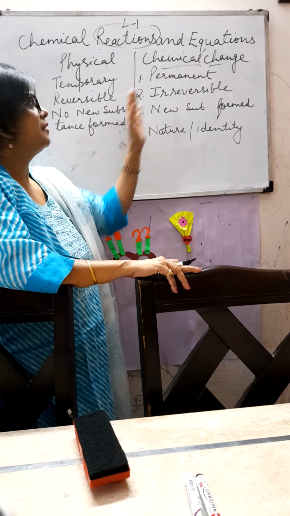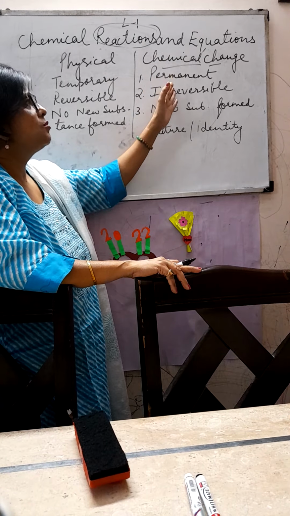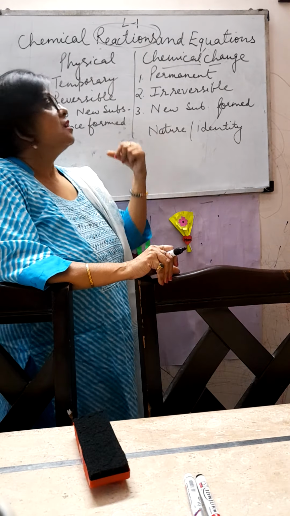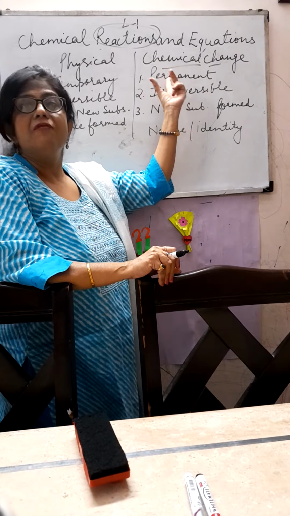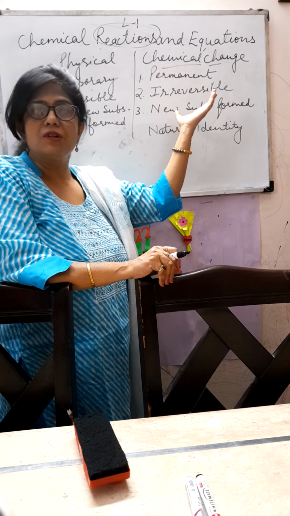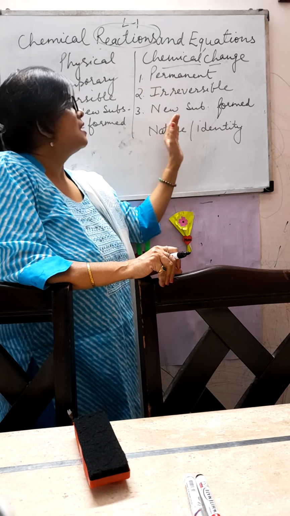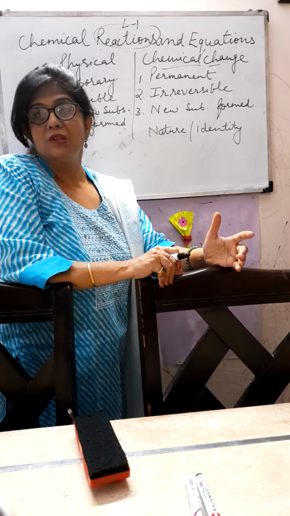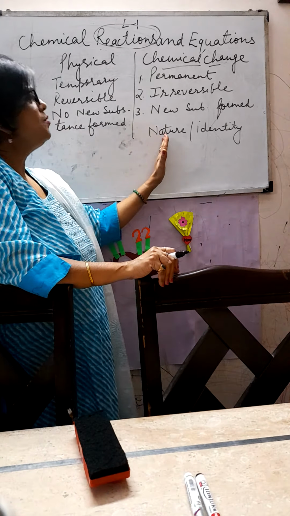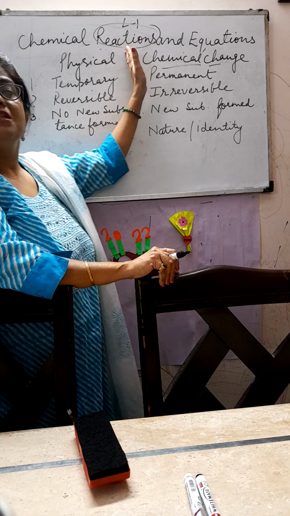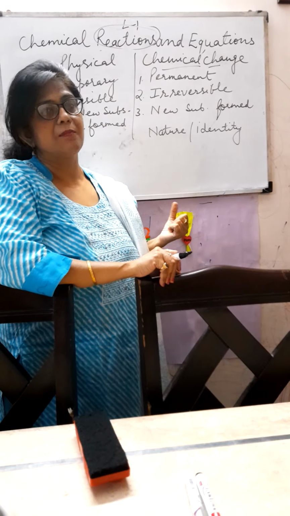This we have already done. And in a chemical change, what happens? Like cooking of food or digestion of food, that change is permanent. Once the food is cooked, it is cooked. You cannot reverse it. You cannot change it back. It is permanent, and a new substance is also formed. So we can say that the nature and identity of substance is changed. That means a chemical reaction is taking place, right?